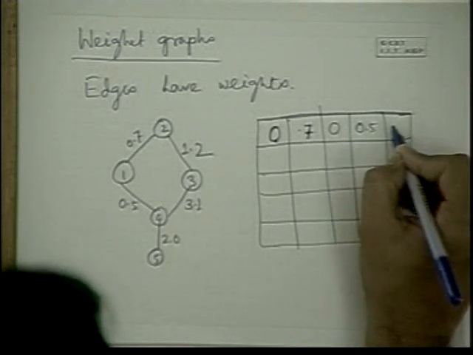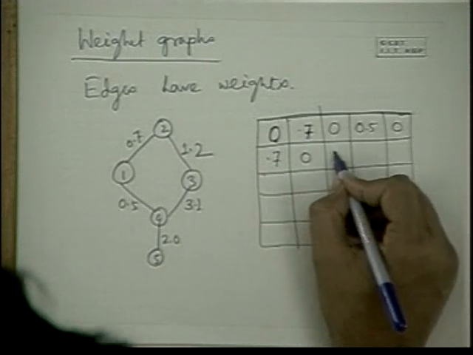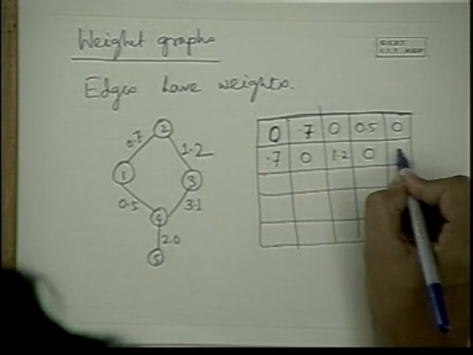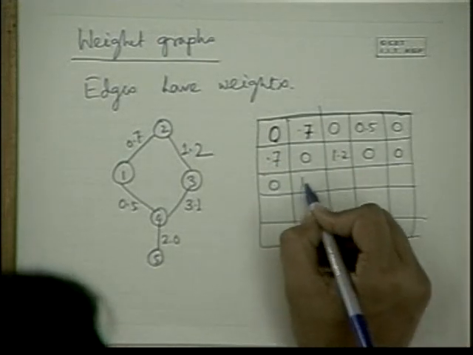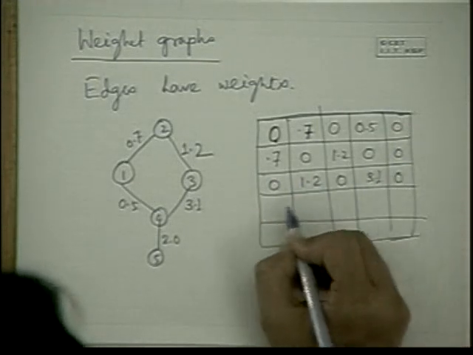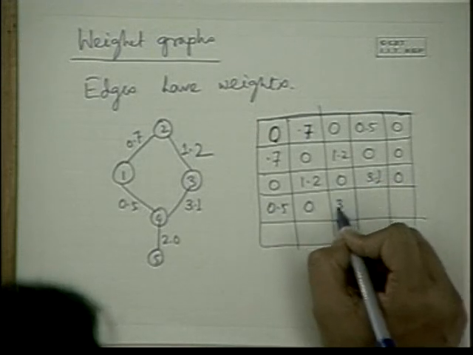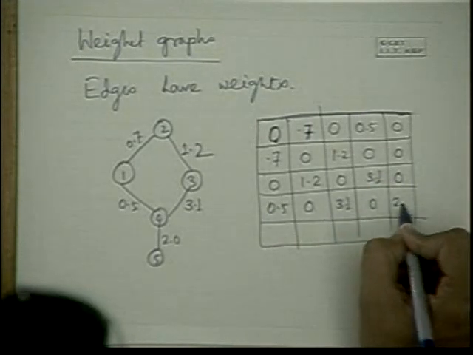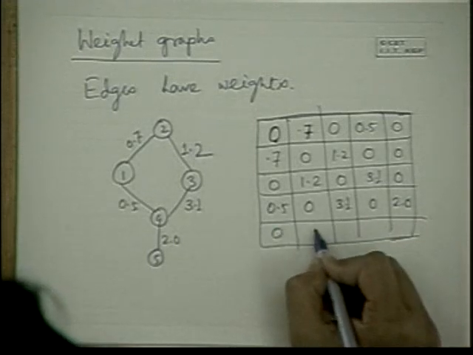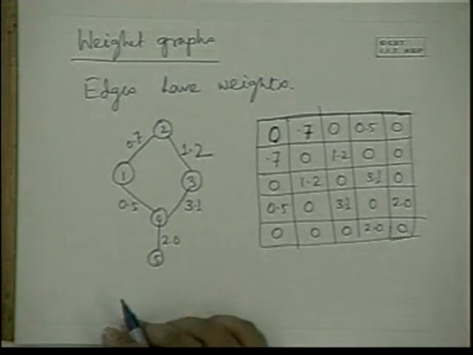So this is 0.5, 0, 0.7, 0, 1.2, 0, 0, 0, 1.2, 0, 3.1, 0, 0.5, 0, 3.1, 0, 2.0, 0, 0, 0, 2.0, 0.